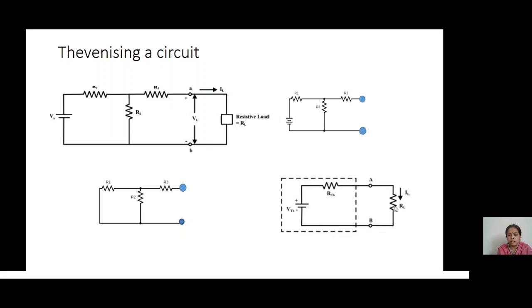We will find out IL and VL, the output current and output voltage. They will be the same as in the original circuit. So this circuit is said to be electrically equivalent to the original circuit. This process is called Thevenizing a circuit.